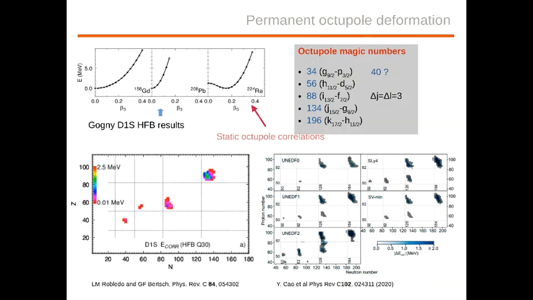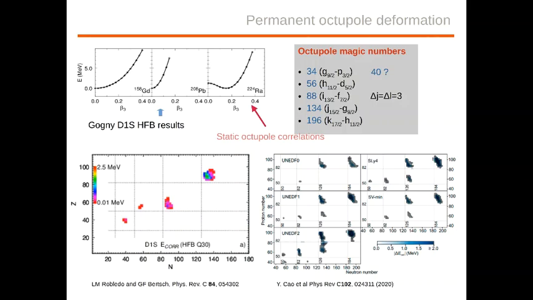The reason why there is this static octupole deformation in this specific isotope is that here the proton and neutron numbers correspond to these octupole magic numbers that are given here, which correspond to those situations where, at the Fermi level, we have some specific orbitals above the Fermi level and some other specific orbitals with some specific properties below the Fermi level. In this case, octupole correlations are enhanced, and then you have enhanced octupolarity at the mean field level.